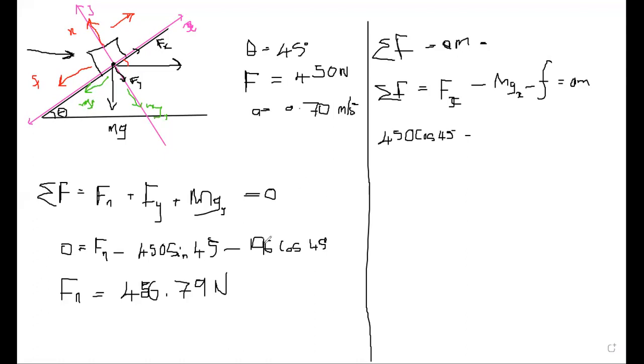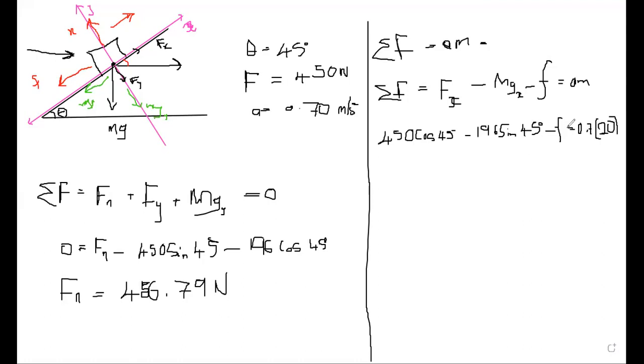Mg is actually 196, which is the weight, sine that angle, which is the same value, sine 45, minus Fn. It's going to be equal to the acceleration we are given, it's 0.7, and the mass was 20 kg.